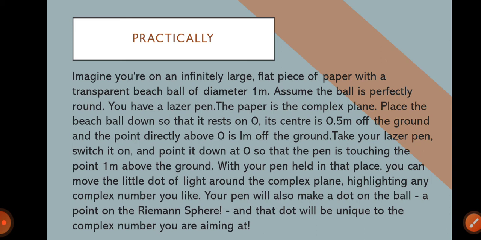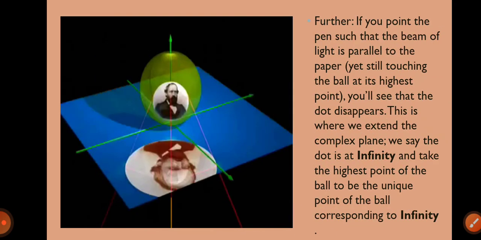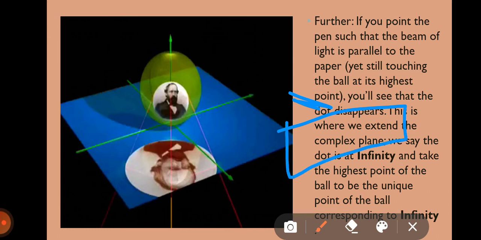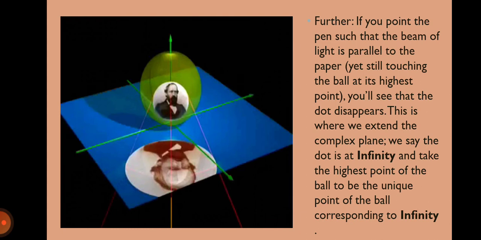Your pen will also make a dot on the ball, a point on the Riemann sphere, and that dot will be unique to the complex number you are aiming at. Further, if you point the pen such that the beam of light is parallel to the paper, yet still touching the ball at its highest point, you will see that the dot disappears.